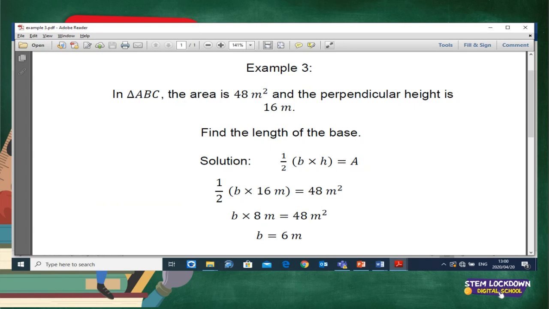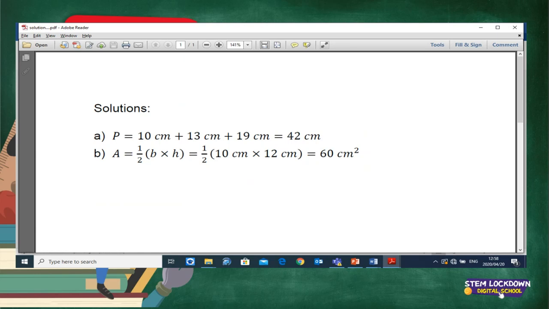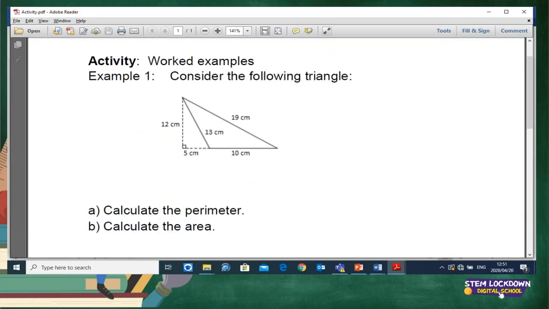Just to recap, we have spoken about a triangle wherein you can find the perimeter. And we said that the perimeter of this triangle is the distance around the edge of the shape.